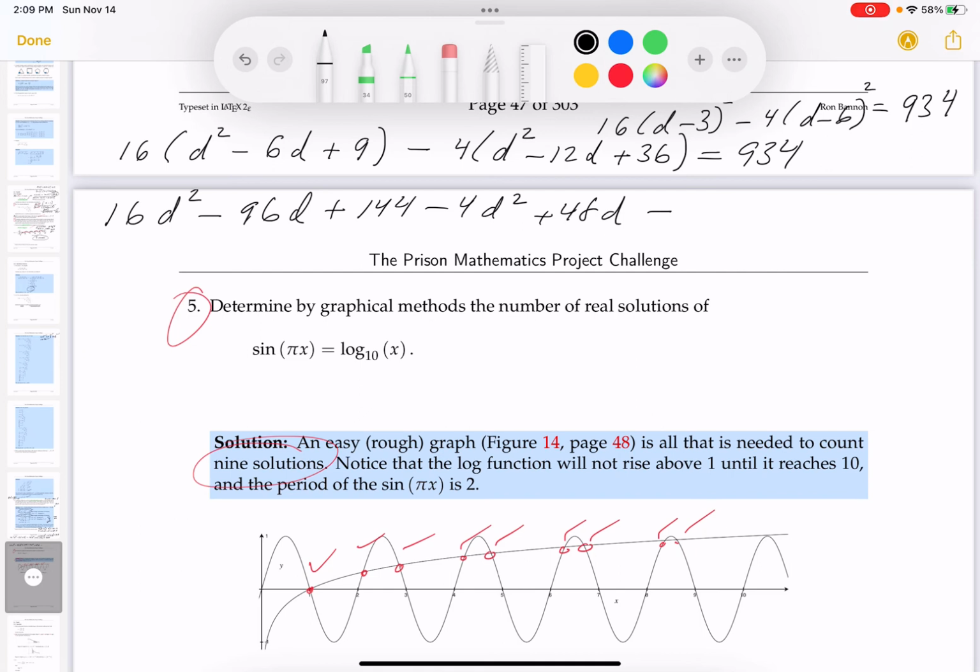That's 120 and 24, 144, equals 934. And let's take a look. I'm seeing this. That's 12d squared minus 48. And then you're going to get the 144 minus 934.